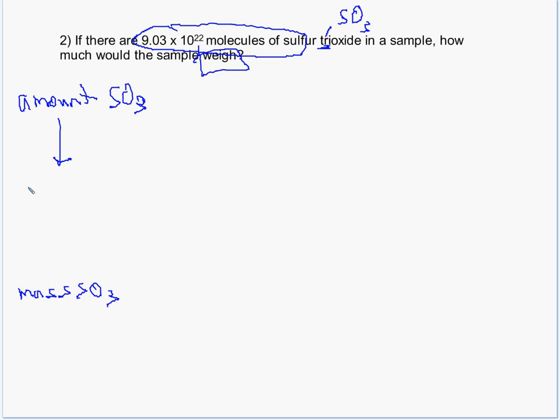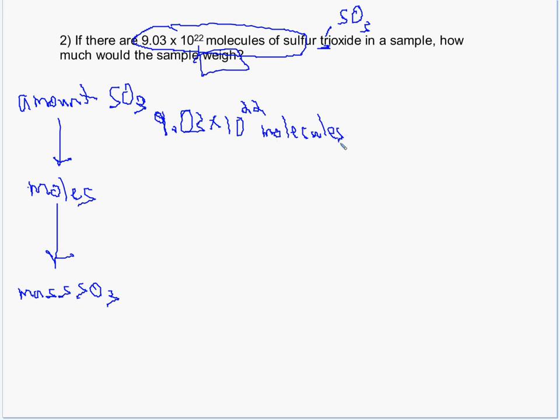So I just go through moles. I'm going to start with my 9.03 times 10 to the 22nd molecules of SO3. Use my conversion factor.